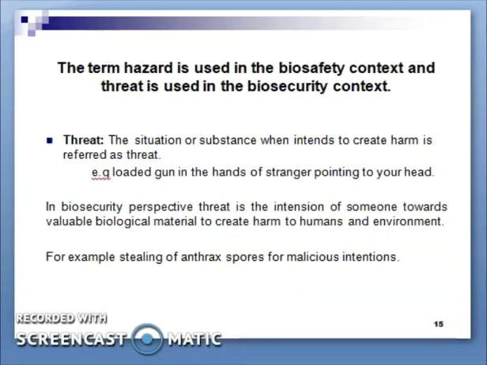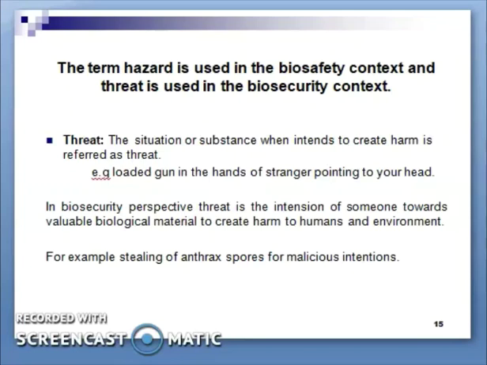Now, to further elaborate, the term hazard is used mainly in the biosafety context, and the term threat is used mainly in the biosecurity context. Threat is the situation or substance when someone intends to create harm. For example, a loaded gun in the hands of a stranger pointing to your head.